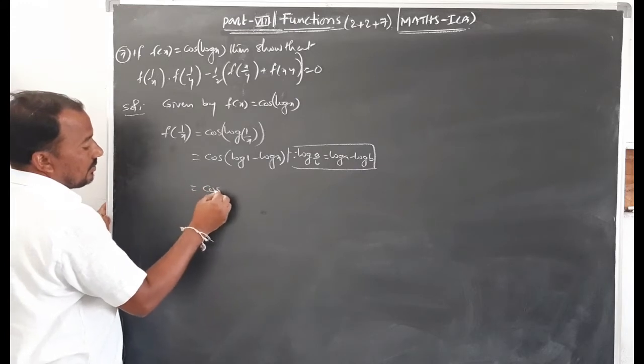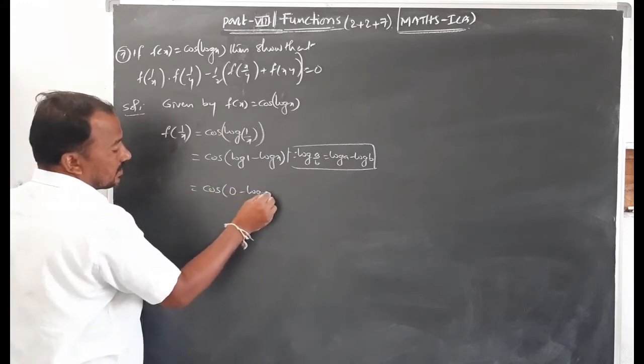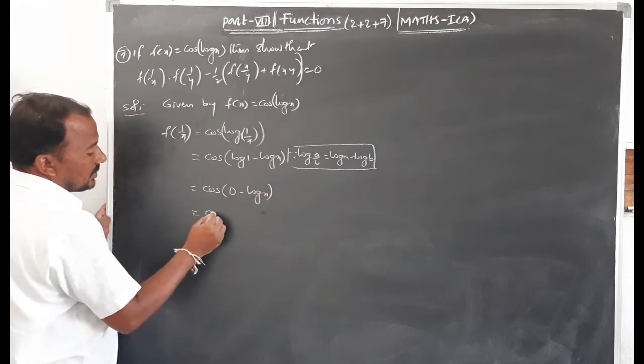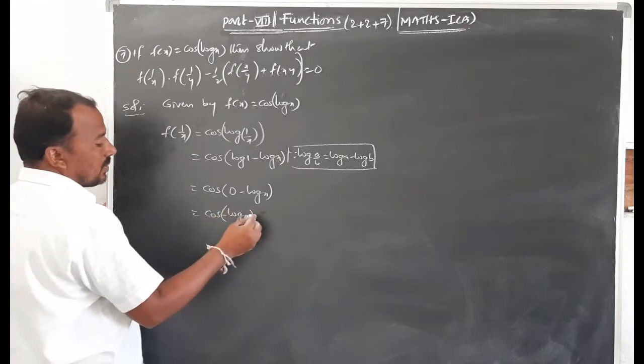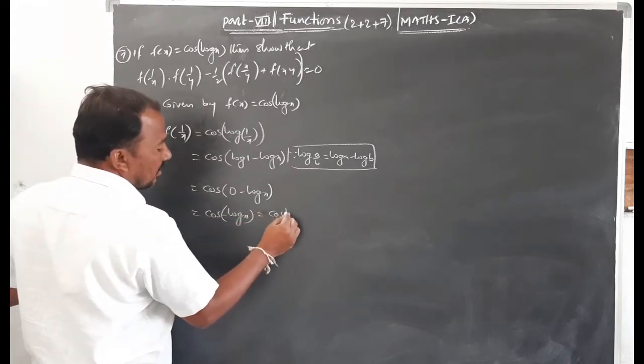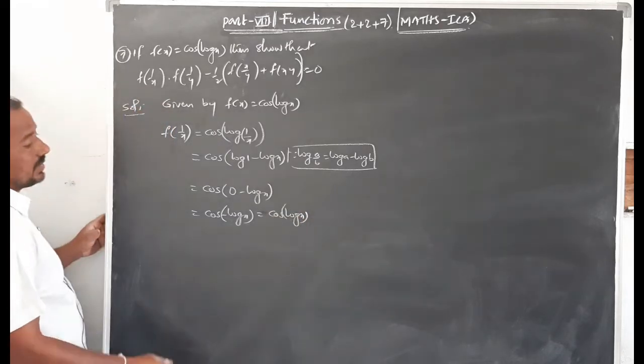So cos of log 1 equals 0 minus log x, cos of minus log x, which is cos of log x, right?